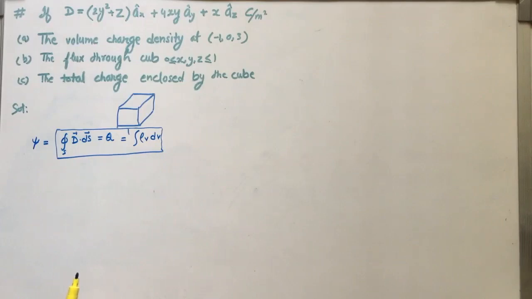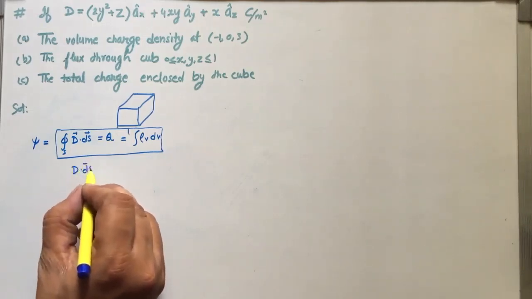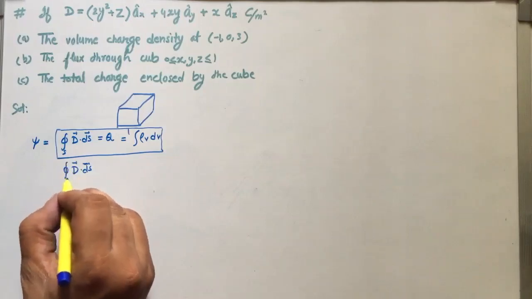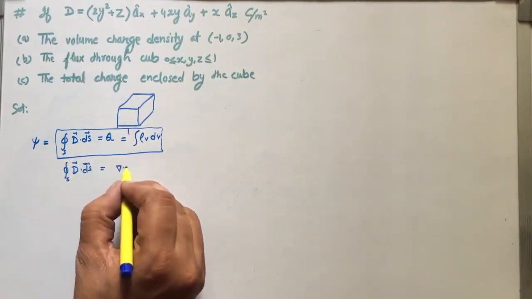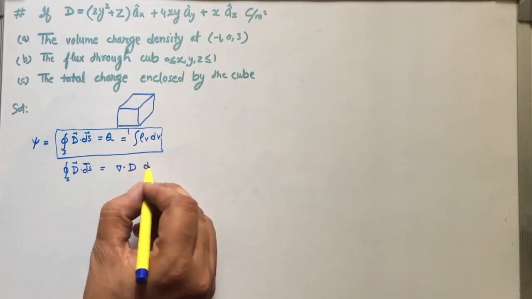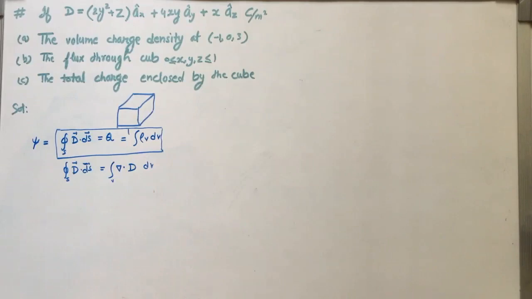and the second relationship, that is from the divergence theorem, we have D dot dS for any closed surface is equal to the divergence of D dv.